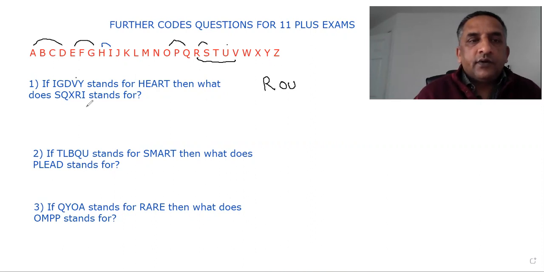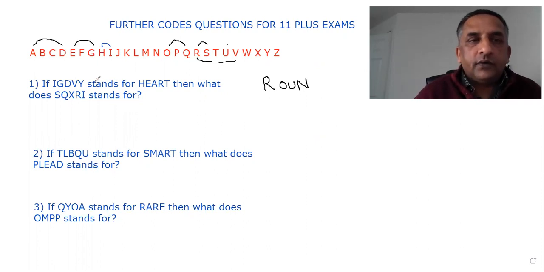So from R, we'll go four spaces behind. It's one, two, three, four, N. So the fourth letter is N.